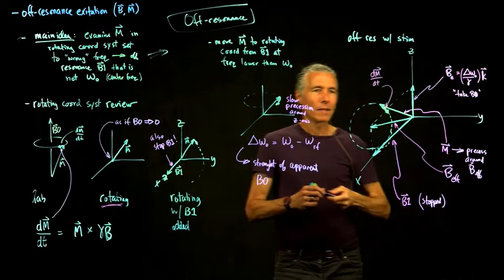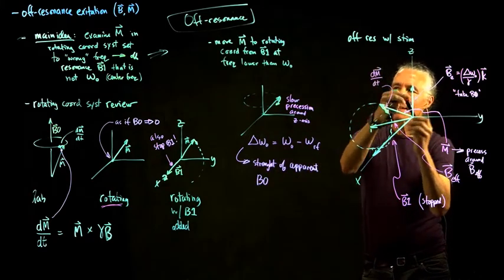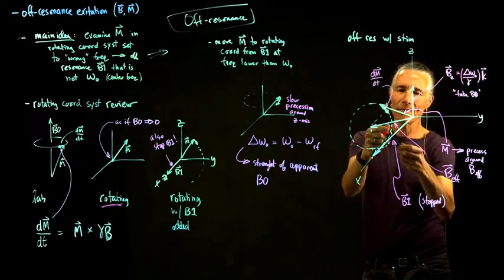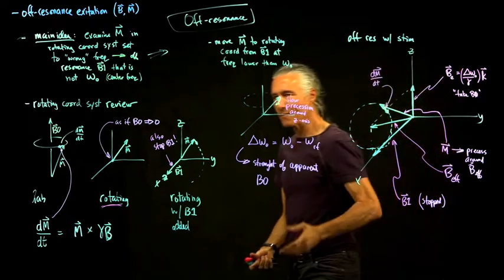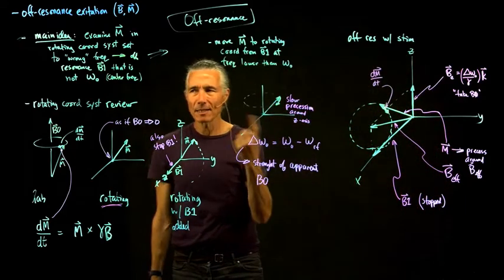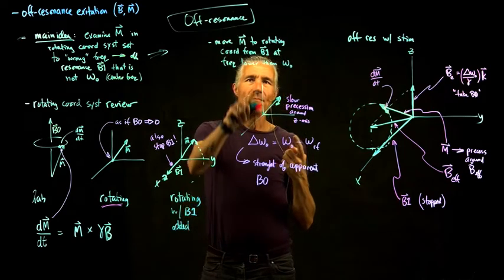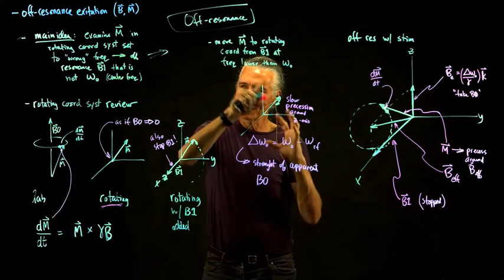So what that tells you is that instead of precessing around the z-axis, it's going to precess around this offset B effective axis. What's happening in real life? Well, you've got the really rapid precession from the B0, and then you've got some other B1 that's going around slower, and that's kind of hard to keep in mind at once.